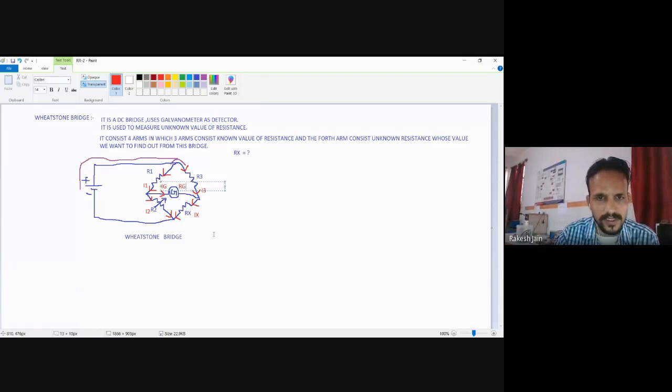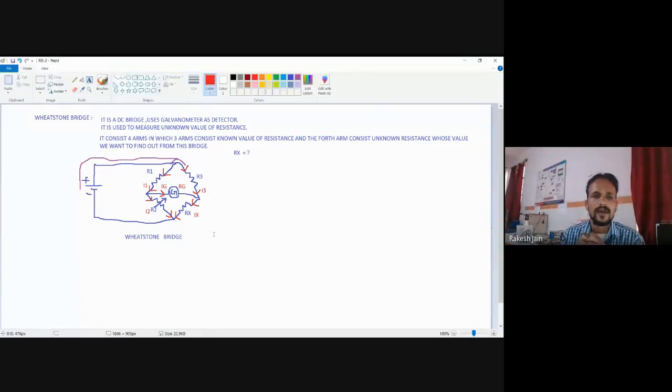Now this is the circuit diagram for the AC bridge. Now see very carefully, we apply Kirchhoff's law in closed paths. How many closed paths can you see in this resistance circuitry? There are two closed paths.